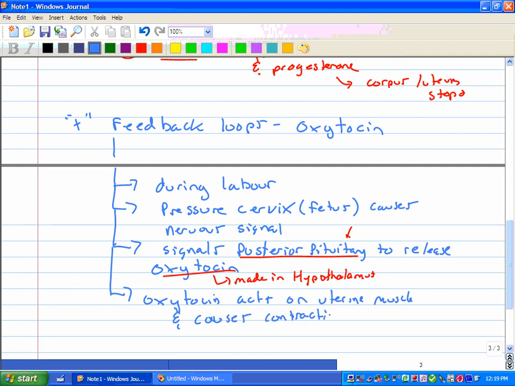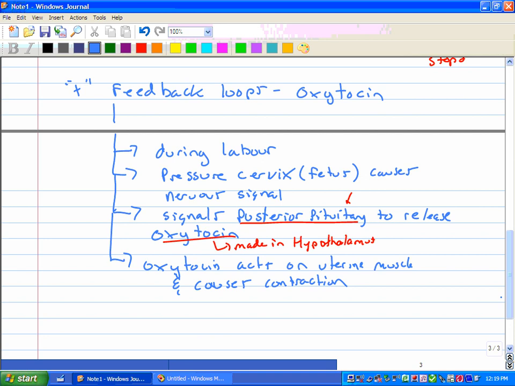And then once the contractions occur, it continues to put more pressure on the cervix. And if there's more pressure, well, guess what's going to happen? It's going to signal the posterior pituitary to release more. Oxytocin is going to target the uterine muscle again, cause more contractions, and it creates this positive feedback because the outcome causes more things to happen.